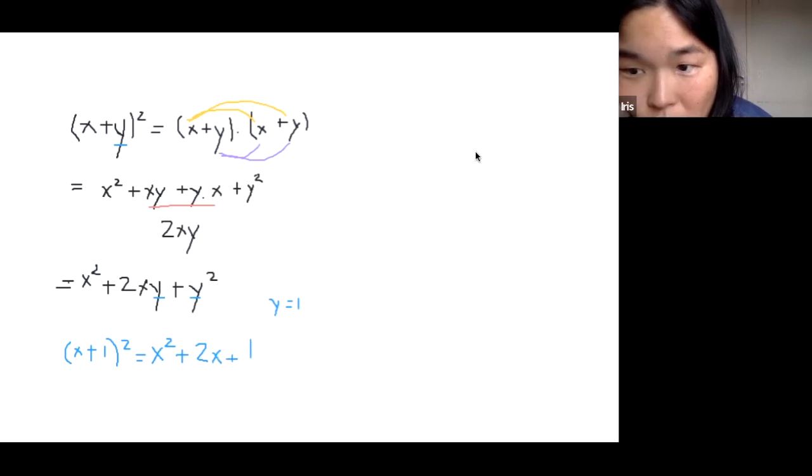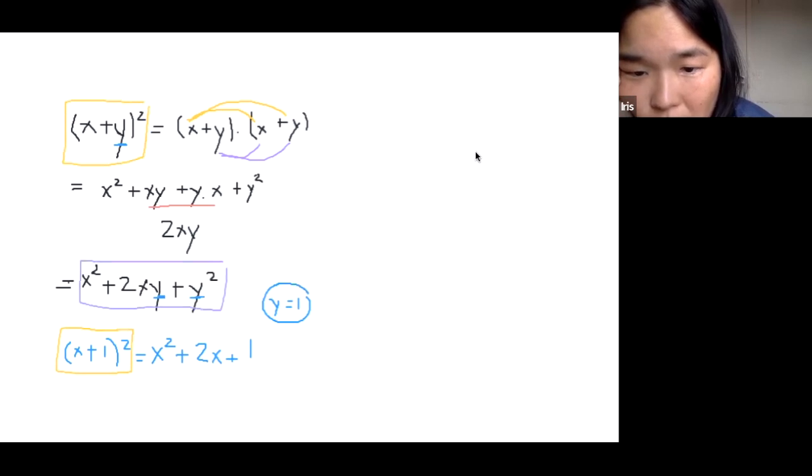Did you see that? I plugged in the value y equals 1 everywhere that had a y. This becomes this, and this becomes this.